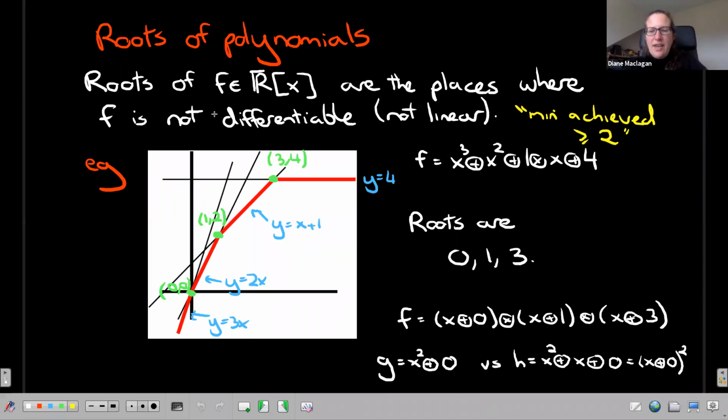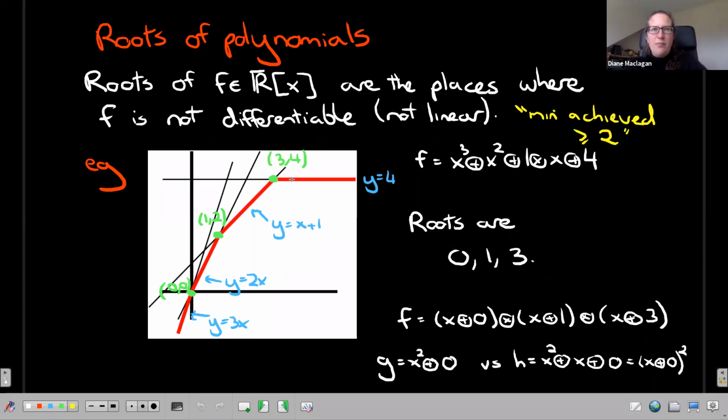So instead, and we'll see a bit later why this is the right definition, we define the roots of a polynomial in one variable to be the places where f is not differentiable. Or equivalently, where it's not linear, right? We said it was a piecewise linear function. We want the roots to be the places where the function is not linear. Where does that happen? It's where the minimum is achieved at least twice.